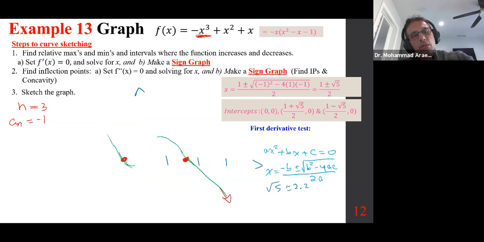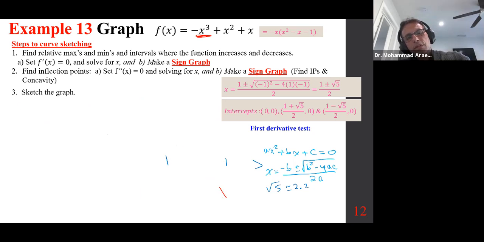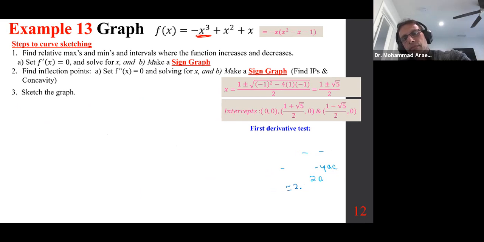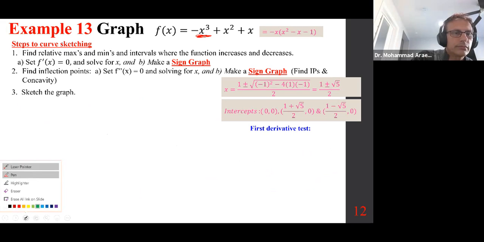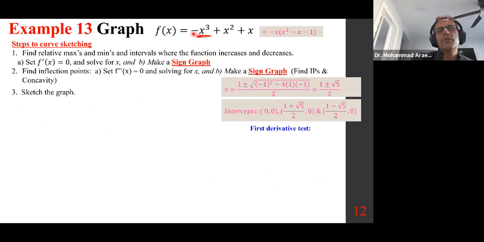Okay, so we are going to find f prime of x, everybody. So let's delete this. f prime of x is minus 3x squared plus 2x plus 1.